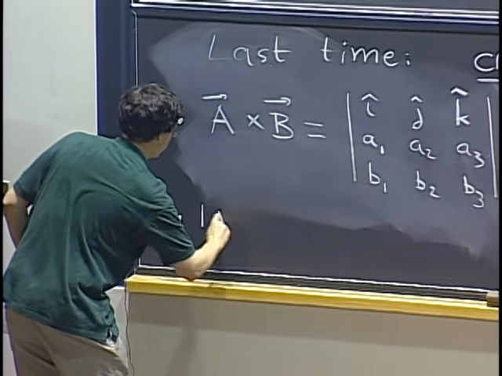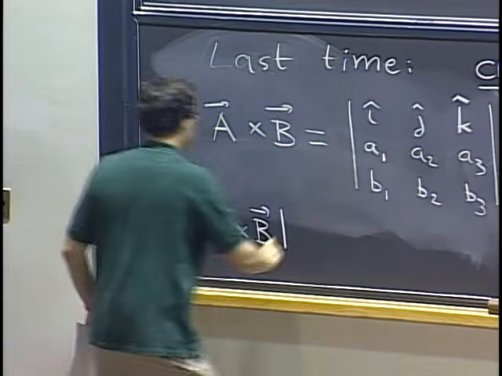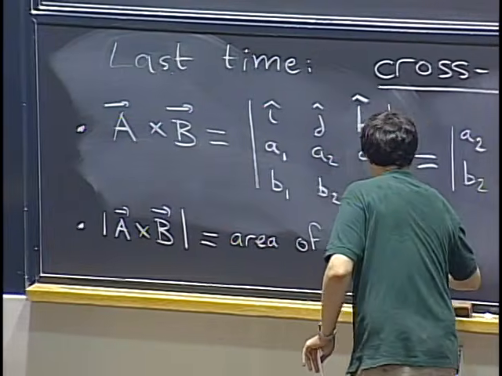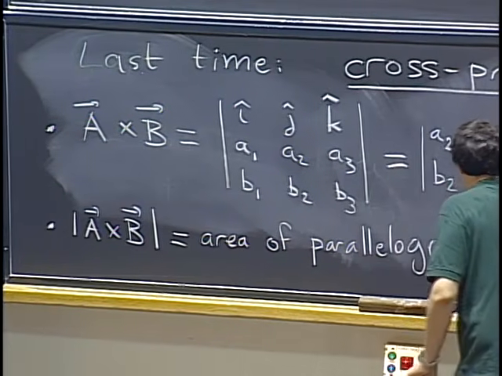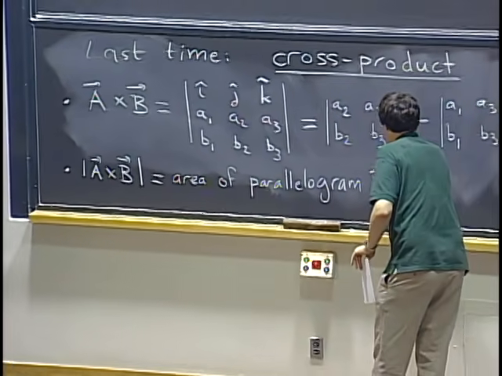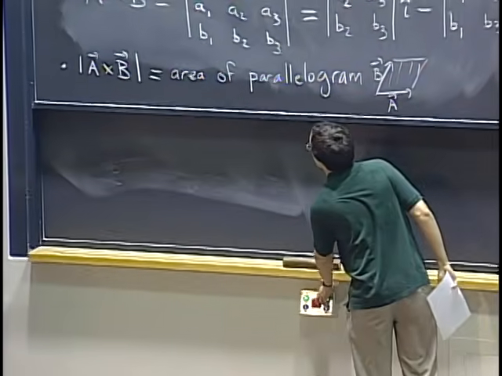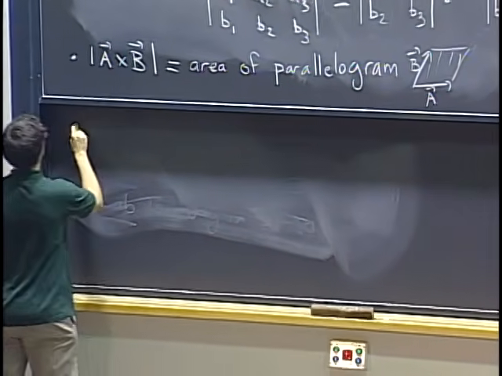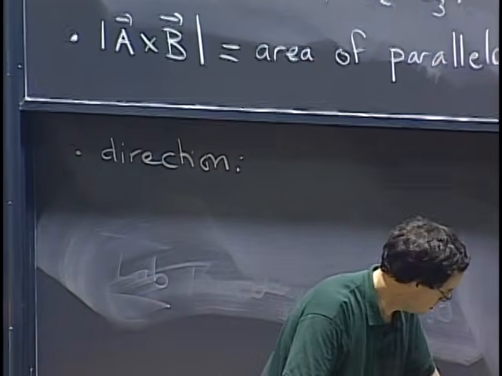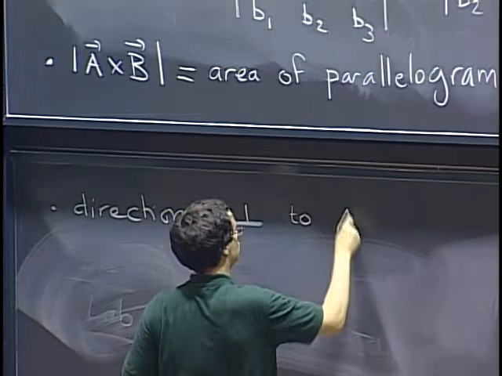We've learned that the length of the cross product is equal to the area of the parallelogram with sides A and B. We've also learned that the direction of the cross product is given by taking the direction that's perpendicular to A and B.